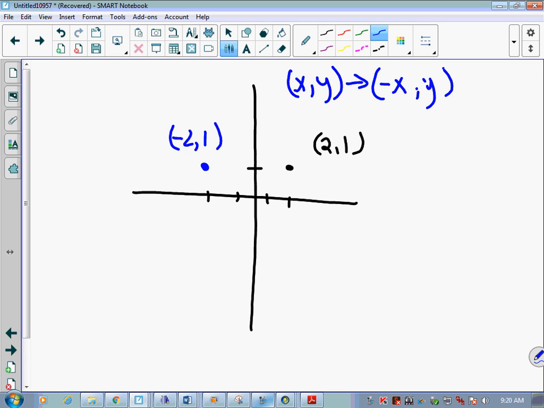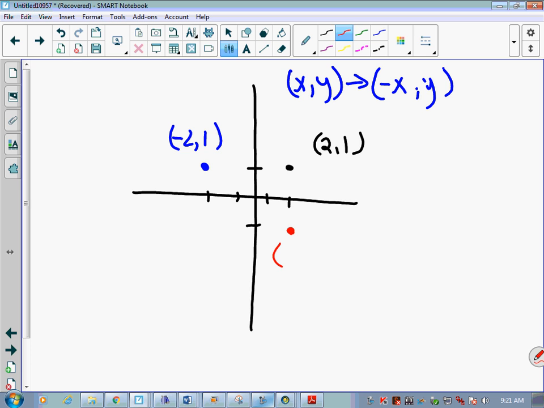Now if I want to reflect that same point across the x-axis, that means my x-axis is my line of reflection. I'm going to go down the same distance that I am from it. We go down 1, which means I'm going to go down another 1. I'm going to keep that x-axis as the midpoint, and we are moving perpendicular.